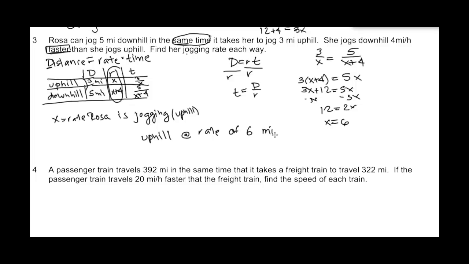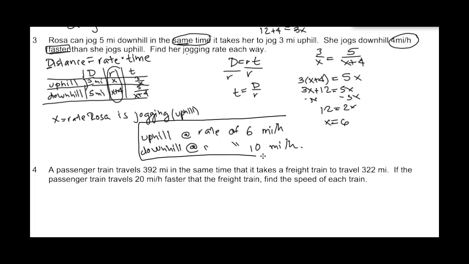I'm using miles per hour, because that's how my rate was. And then downhill at a rate of x plus 4, which is just 10 miles per hour. And I kind of already said that in the form of a sentence, just really slow. All right, 4 and 5 I'm going to leave as an exercise for you.